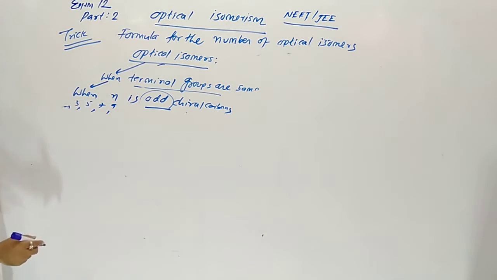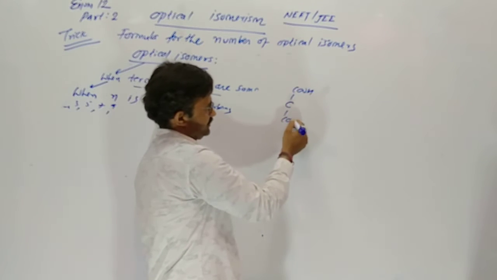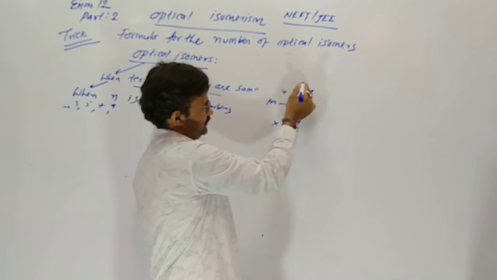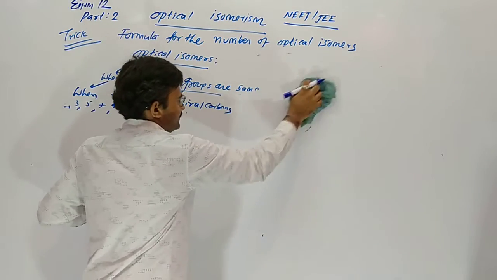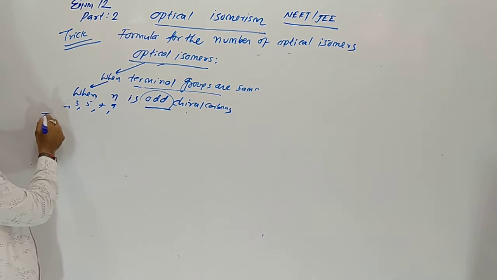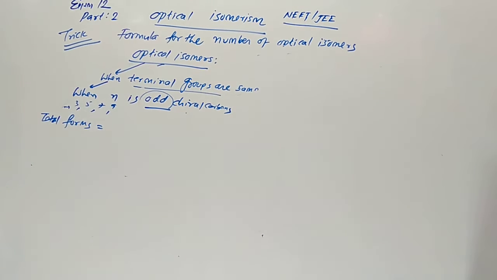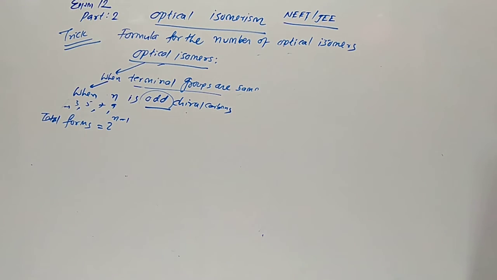Not for 1: with one chiral carbon, if the terminals are the same, it is not optically active; these two are the same. So here we start with 3, 5, 7, 9. So total forms will be 2 raised to n minus 1, where n is the number of odd chiral carbon atoms.